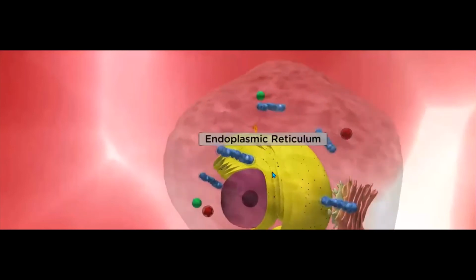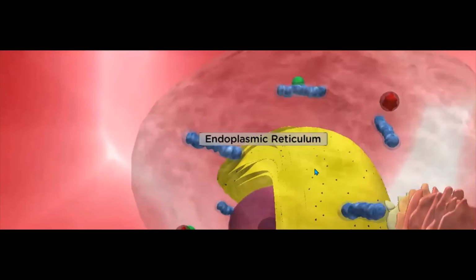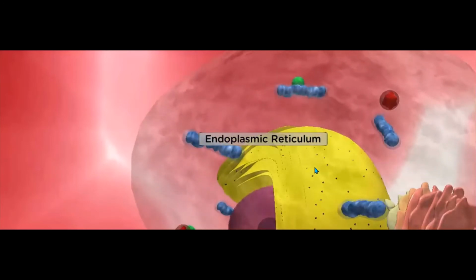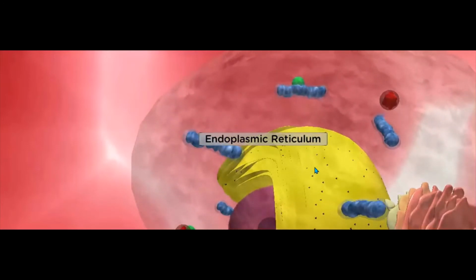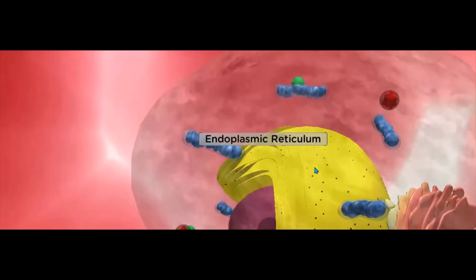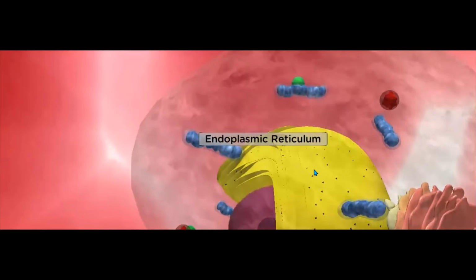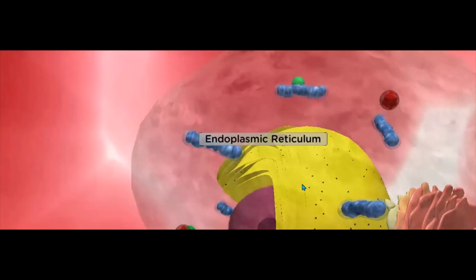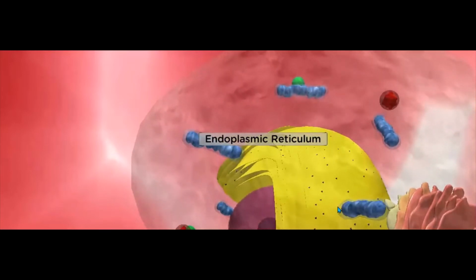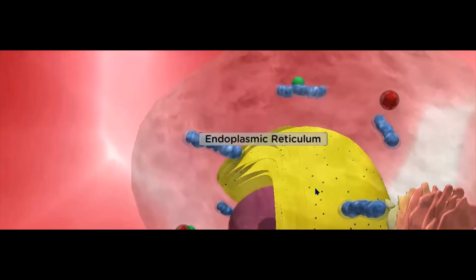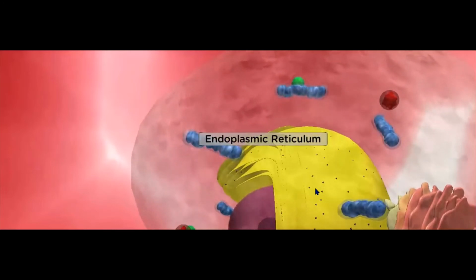So going to the endoplasmic reticulum, it has two main parts, that is rough endoplasmic reticulum and smooth endoplasmic reticulum. Smooth endoplasmic reticulum has no ribosomes stuck on it, while rough endoplasmic reticulum has ribosomes stuck on it.